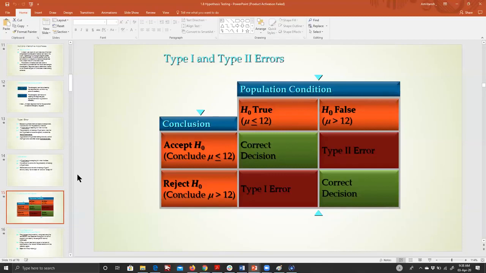Let's say for the actual population, H naught is actually false. It is not servicing in 12 minutes or less, and you accept H naught. Then you have just caused a type 2 error. If H naught is actually false and you also reject H naught, then it's a correct decision. So you want to be in the green boxes, not in the red ones.